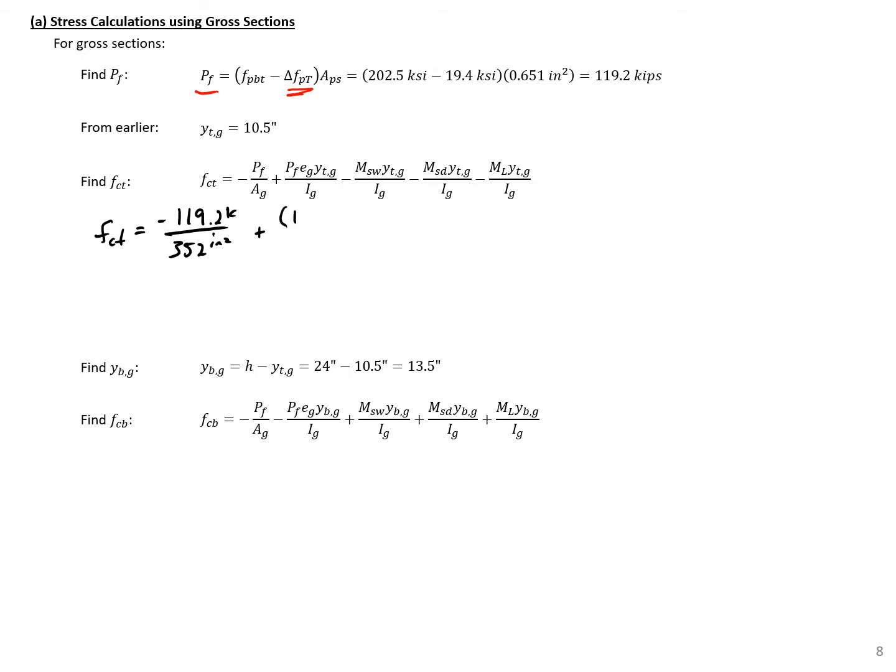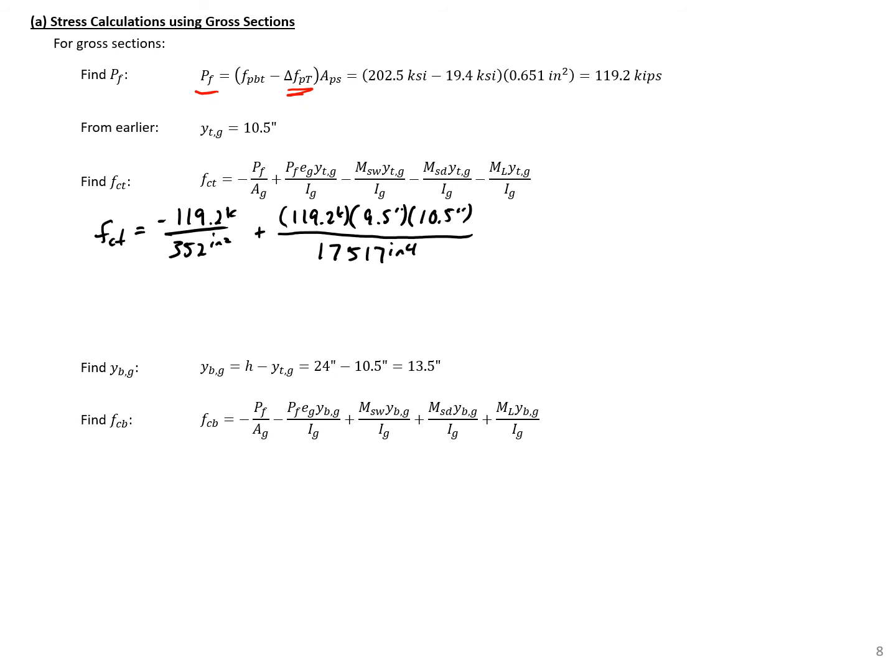So we'll have 119.2 kips times our eccentricity, 9.5, times the distance between the centroid and the top of the section, 10.5 inches, divided by 17,517 inches to the fourth.